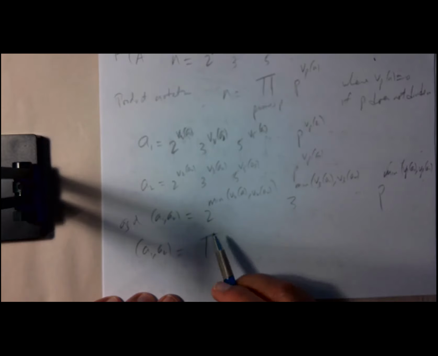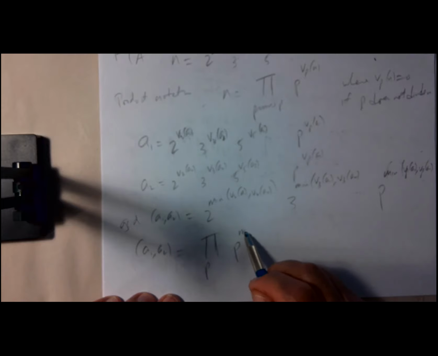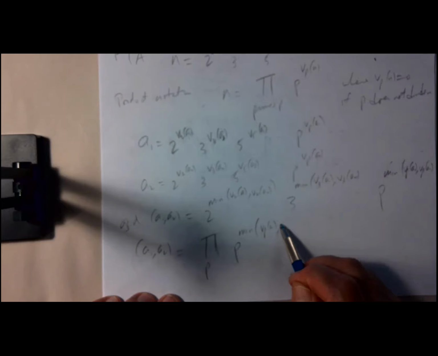So we have a kind of formula for the GCD. The greatest common divisor of A1 and A2 is this product over all primes P, P to what power? The minimum of VP of A1 and VP of A2.